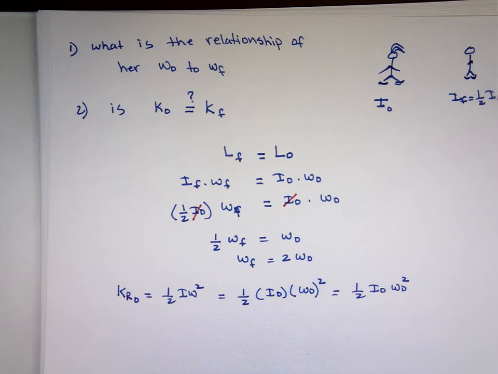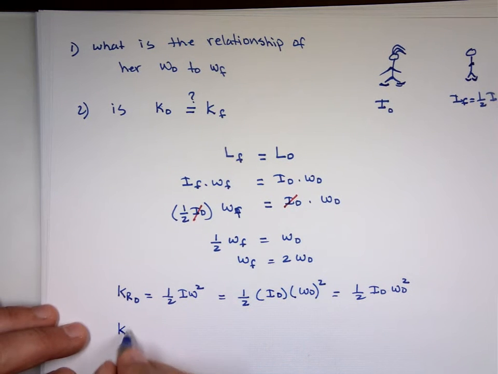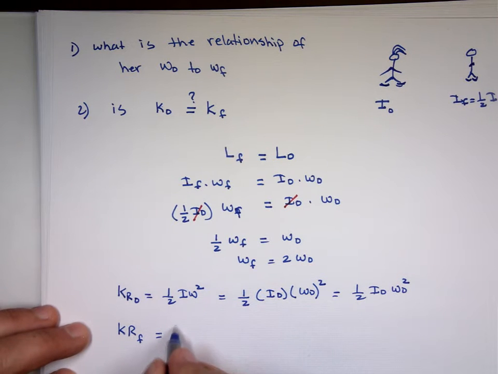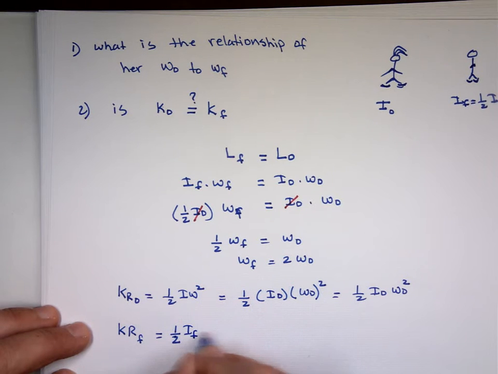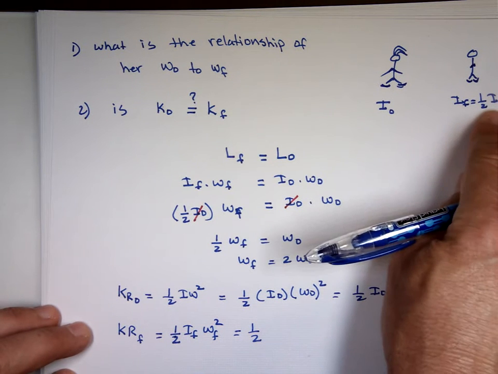And what is the final kinetic energy due to rotation? It's 1/2 your initial inertia. Wait a minute, what is your initial inertia? I mean your final inertia, I'm sorry. What's your final inertia? I final, W final squared. The final inertia is 1/2 the initial.